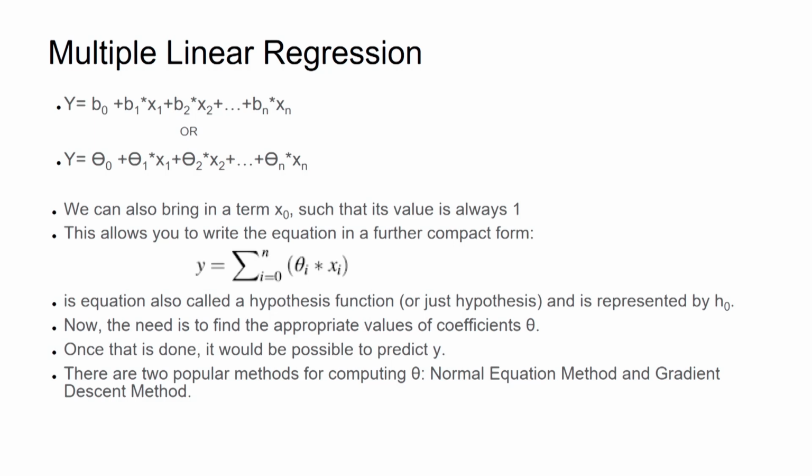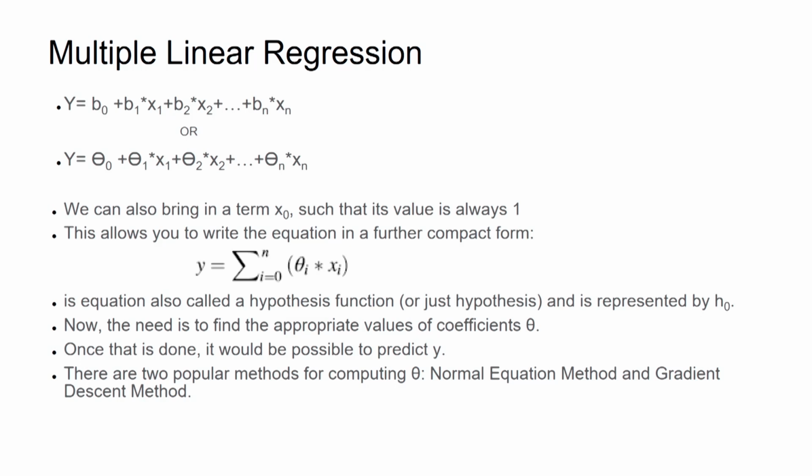We can treat it as adding a new feature in our data set corresponding to x naught, and its value will always be 1 for all the instances. Then we can write our model as y is equal to b naught x naught plus b1 x1 plus b2 x2 and so on.